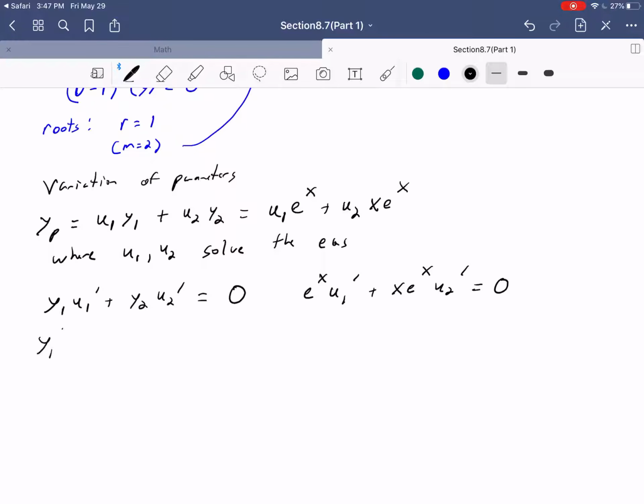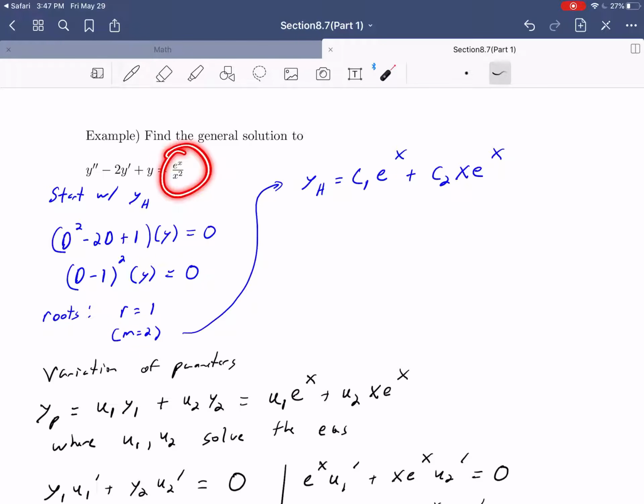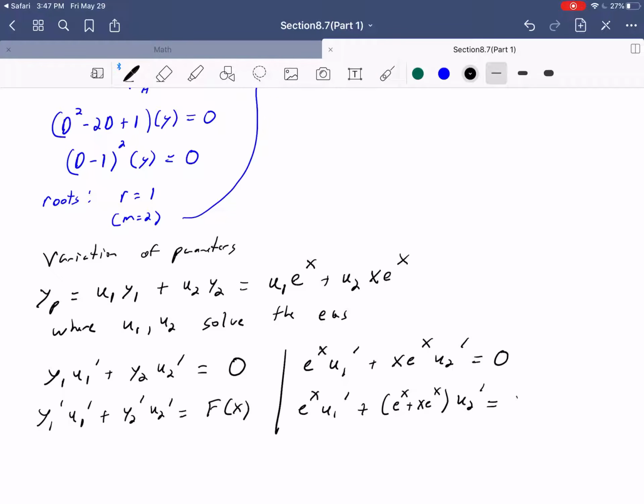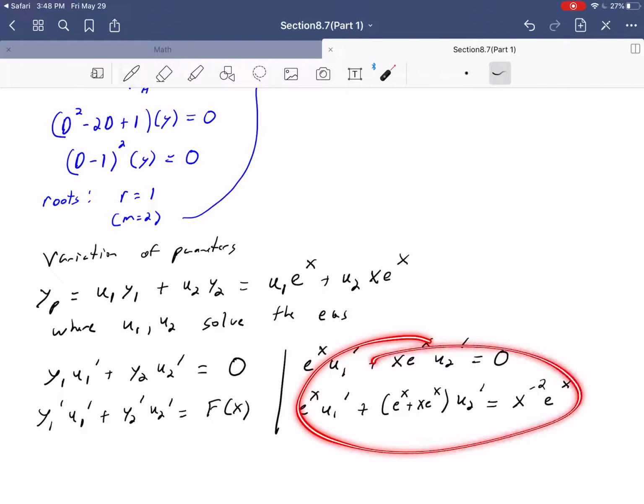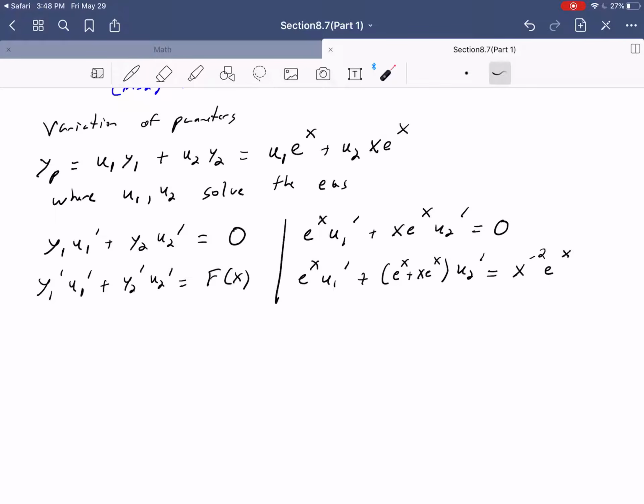And the second equation, y1 prime u1 prime plus y2 prime u2 prime is supposed to be f of x, which in our case is going to be e to the x u1 prime plus derivative of x e to the x, which is e to the x plus x e to the x, u2 prime, equals our f of x, which is our non-homogeneous component, which I'm going to write as x to the minus 2 e to the x. So we need to solve this system for u1 and u2, and then we can go ahead and actually integrate for u1 and u2.